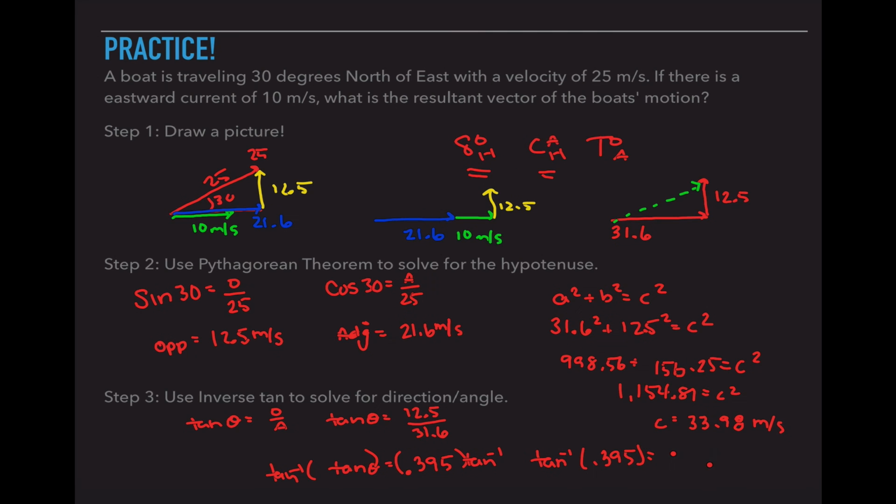So inverse tangent of 0.395 equals 21.5 degrees. So we are traveling 33.98 meters per second at 21.5 degrees north of east, because that's this angle right here.